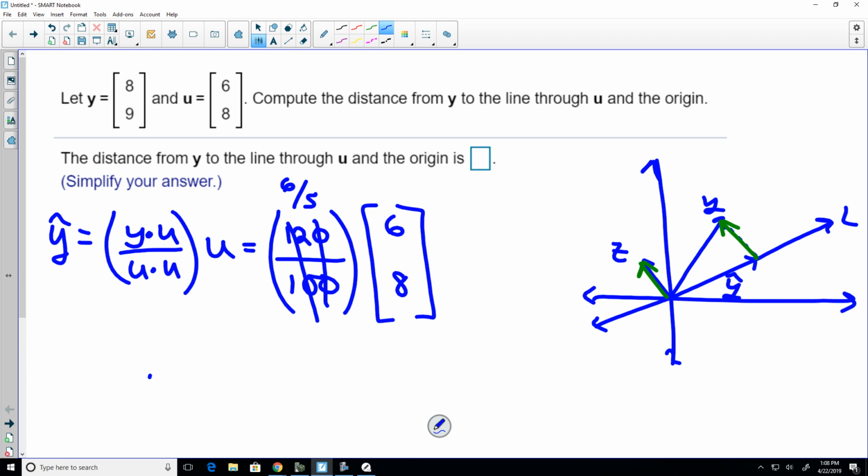That's close to 10 over 7. Right? That's right. Is that correct? Okay.